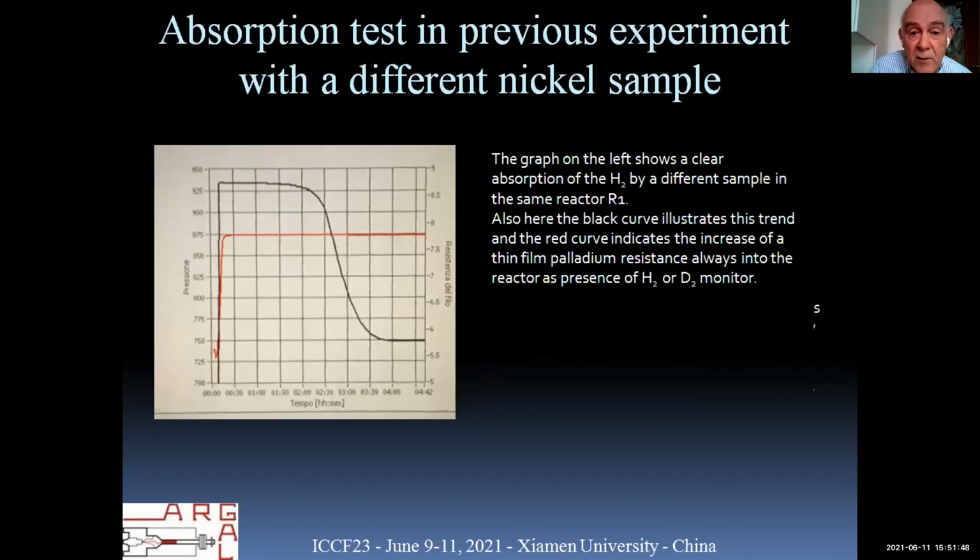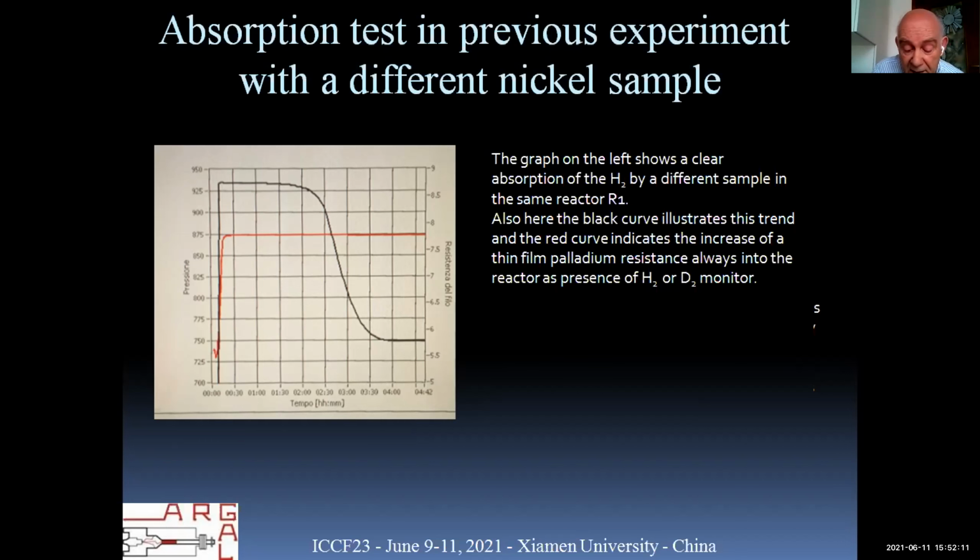Absorption test in previous experiments with a different nickel sample. In this slide, we have another example of nickel absorption in a previous experiment where the sample was a 0.5 gram nickel sponge with palladium deposition.